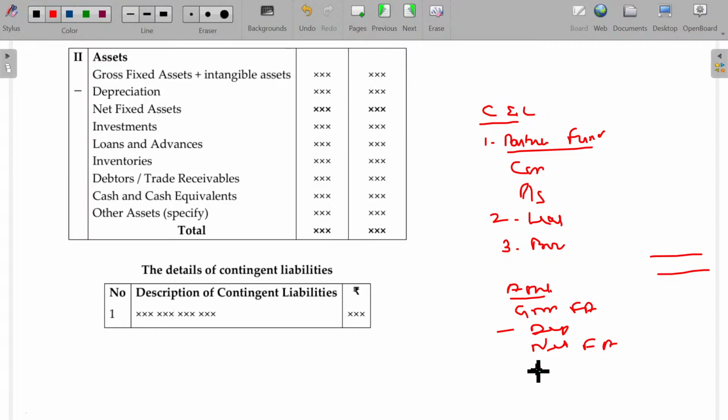Thereafter, you need to write investments and any loans and advances given. Apart from that, normal current assets: debtors, stock, cash. Apart from these, if you have any other things, you mention them separately, like expenses paid in advance, amount recoverable, income accrued. All these things are shown here. This is the format you have to follow.